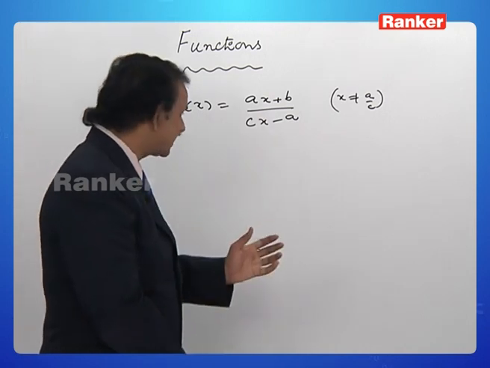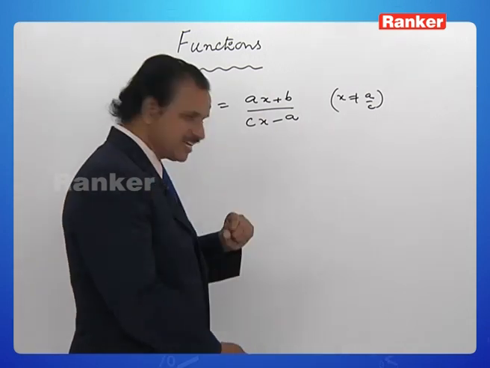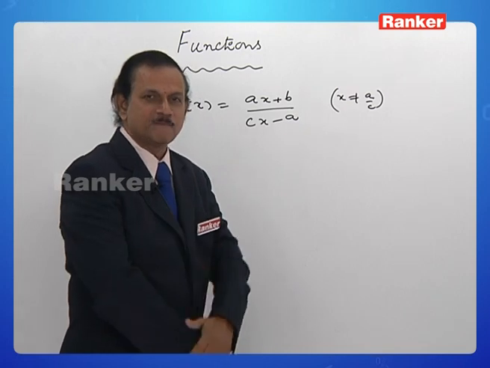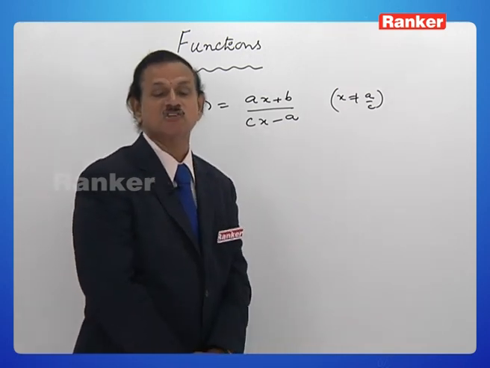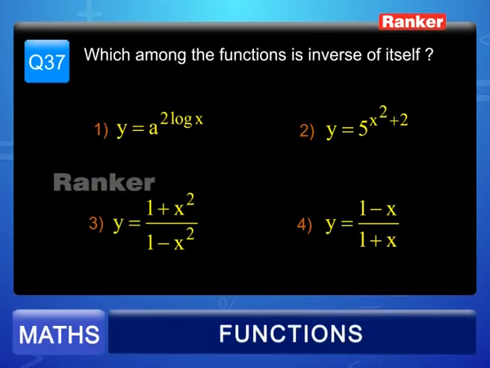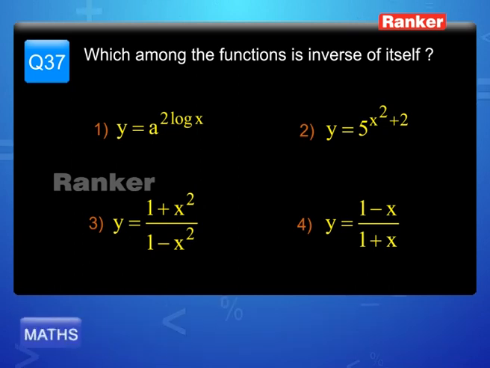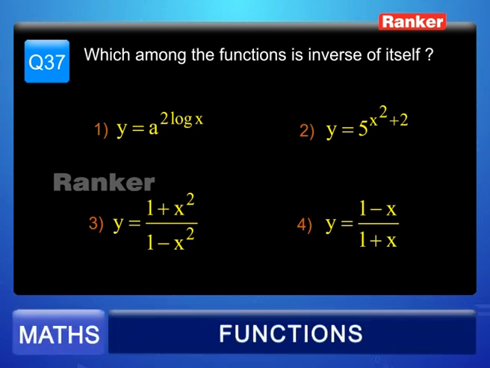Let us now check which of the following options is in this form. What is the first option? y is equal to a power 2 log x. Second option, y is equal to 5 power x square plus 2. Third option, y is equal to 1 plus x square by 1 minus x square. It is quadratic. We are not able to believe it. Fourth one, y is equal to 1 minus x by 1 plus x.